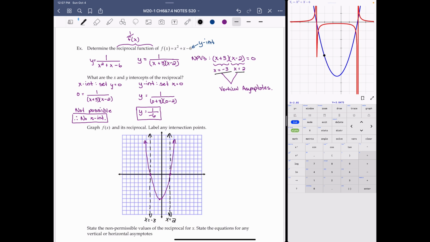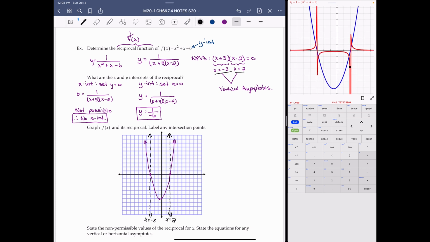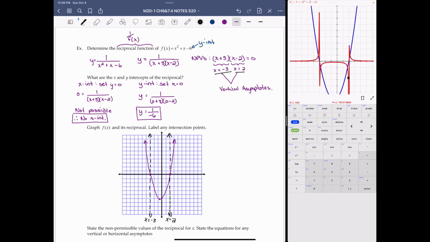That continues down just like it looks on the right hand side over here. It should continue the same way, and the line going up should continue upward. So using your graphing calculator for reciprocals is not the best. You kind of just have to understand how they work.